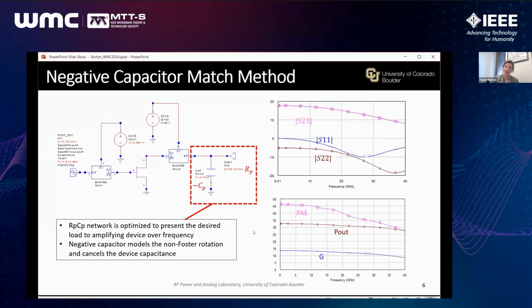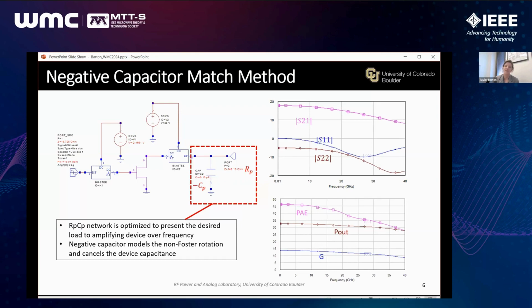In the simulation setup, we actually use a negative, so positive R models the real power of the load, and then a negative capacitor is used to model the C. And again, this is because in the Smith chart, the transistor wants to see something that's moving in a counterclockwise or non-Foster rotation direction.